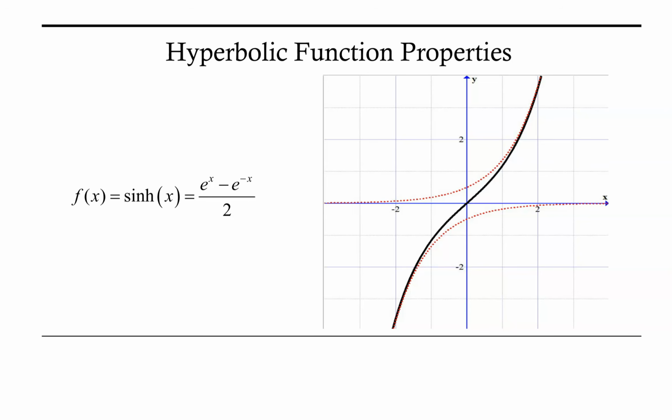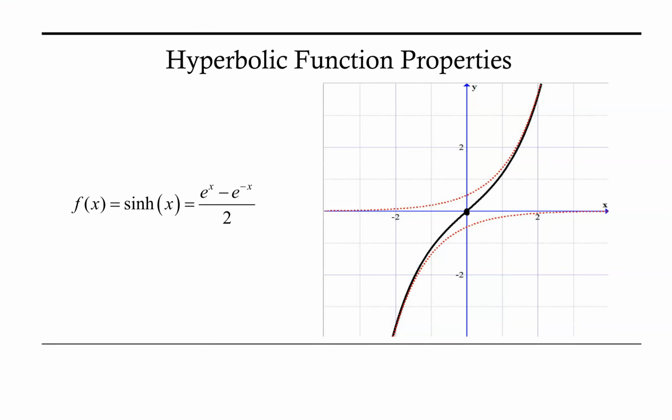Now let's take a look at some of the graphs of these hyperbolic functions. The graph of the curve hyperbolic sine or sinh of x is here in black. Notice that the hyperbolic sine function is e to the x minus e to the negative x over 2. Now we could rewrite this function as e to the x over 2 plus negative e to the negative x over 2.